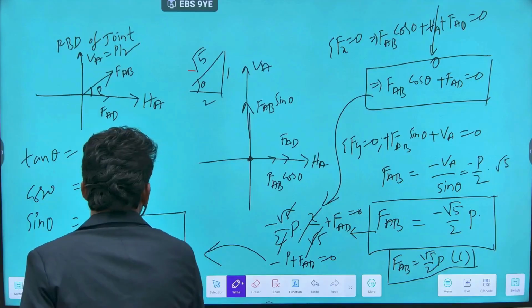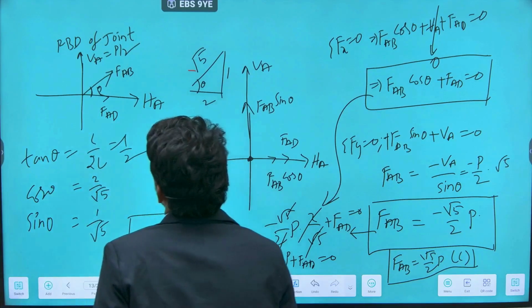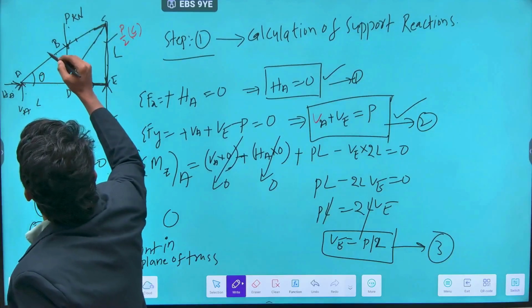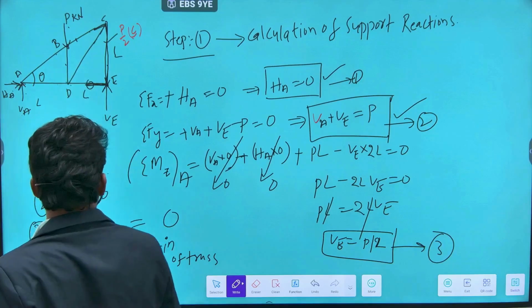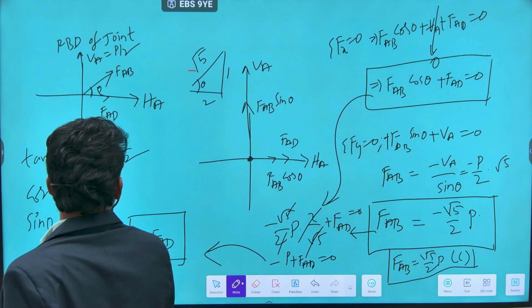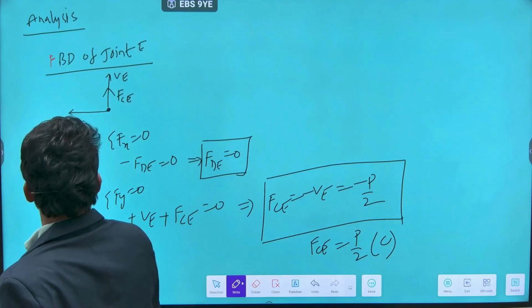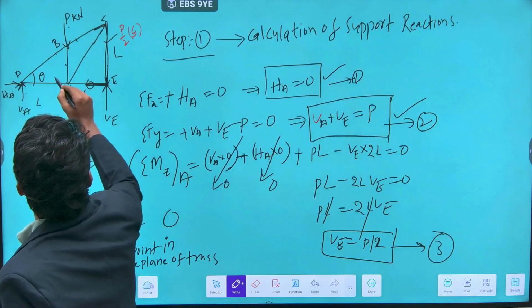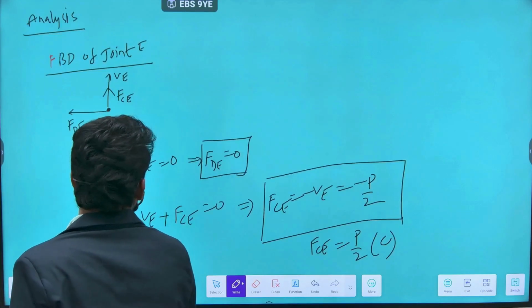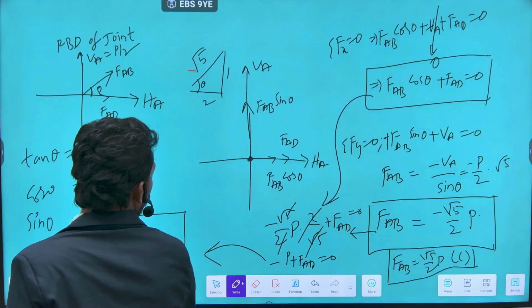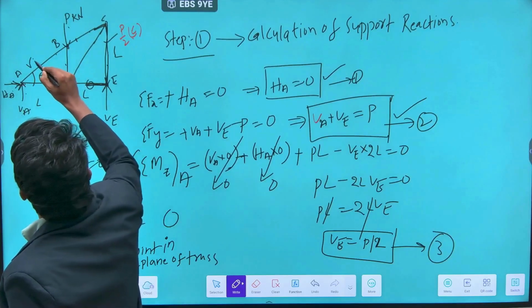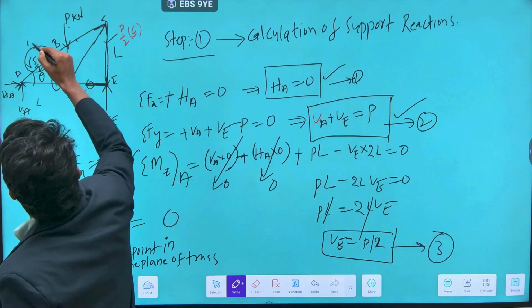So if we go back, we calculated FAD as P, this is tension, and FAB is root 5 by 2 P compression.